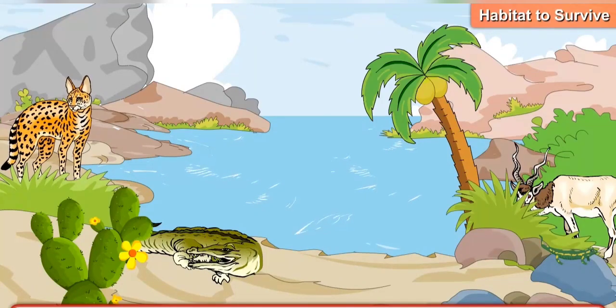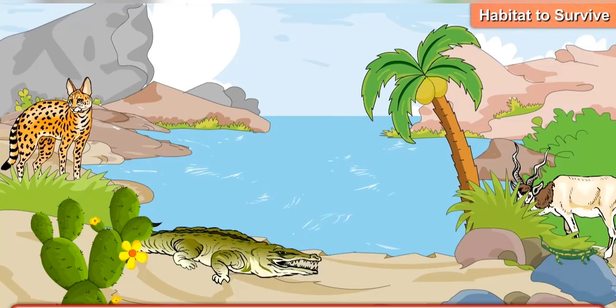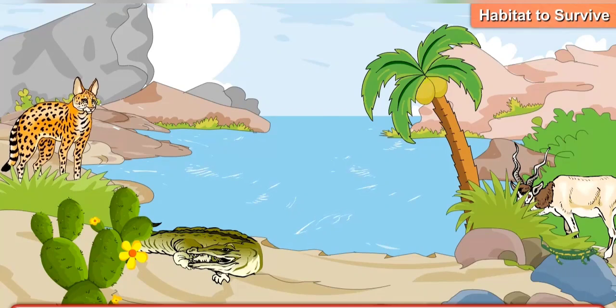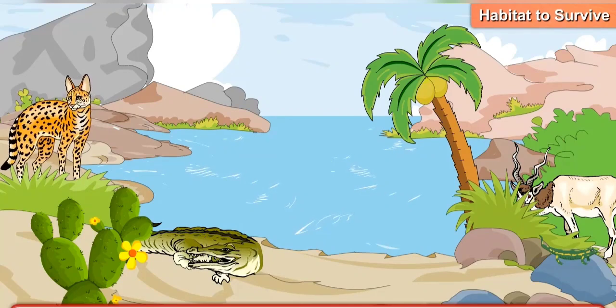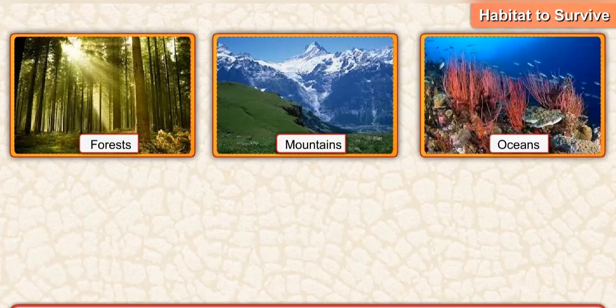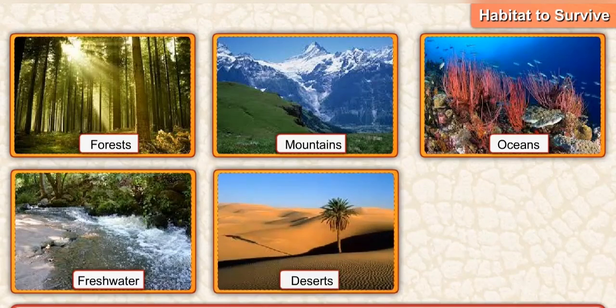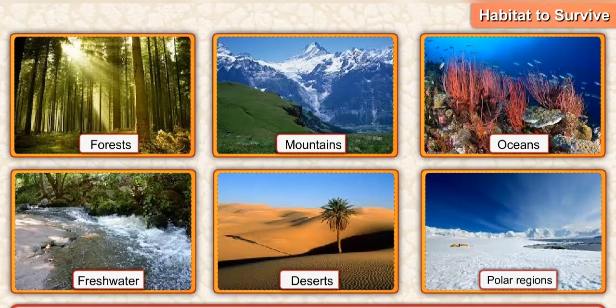A habitat provides the animal with food, shelter, air, and water. The different types of habitats found on the earth are forests, mountains, oceans, fresh water, deserts, and polar regions.